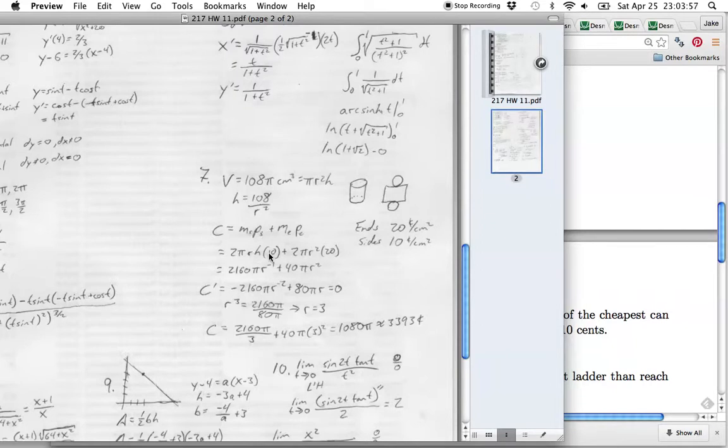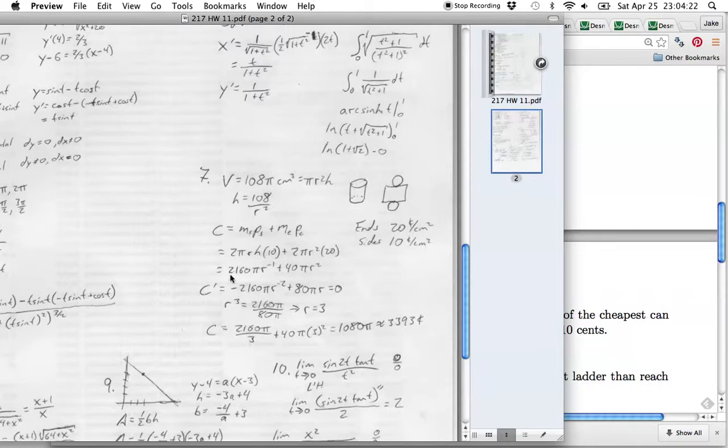And the sides are 10 cents per square centimeter. Then for the ends, we have 2 ends, so that's our 2, and they're circles, so the area is pi r squared, and the cost is 20. So now our simplified form looks like this.